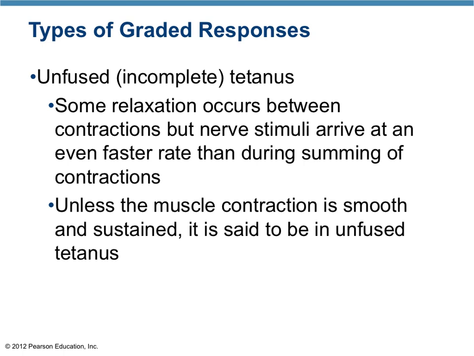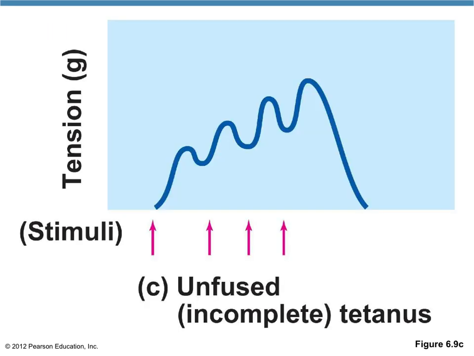And when we look at it on the graph on the next slide, you'll see that the stimuli come in more quickly between nerve impulses, and so the muscle can again add additional strength. So here you can see again that the stimuli are now closer together and more frequent, and so the tension of the muscle can add, but there is still relaxation between the stimuli arriving.